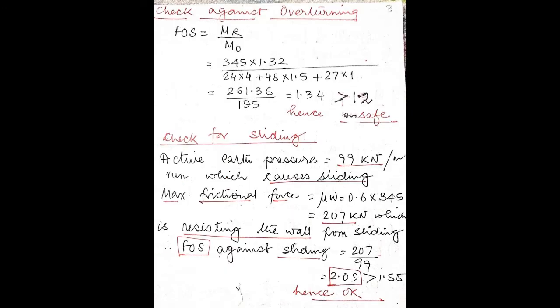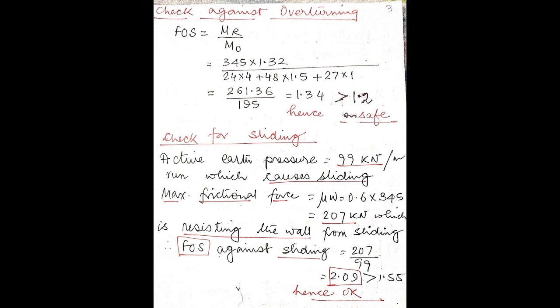Now what is the check against overturning? As I have told you earlier, for check against overturning, FOS is equal to MR by MO. What is MR? MR is the resisting moment. The weight of the retaining wall tries to retain the wall in position, so that is the resisting moment.